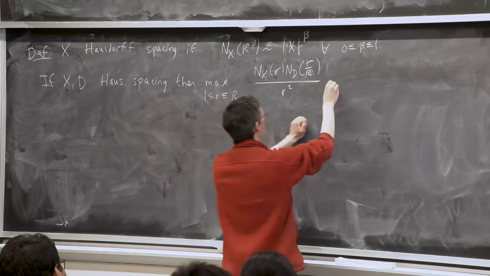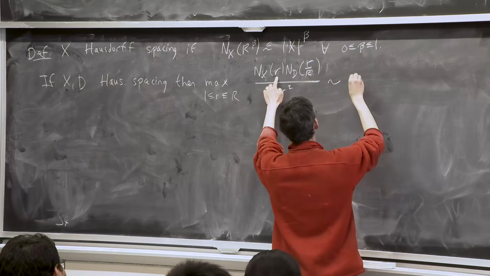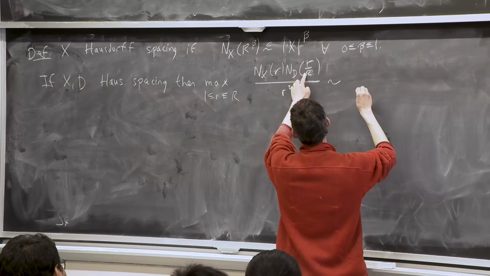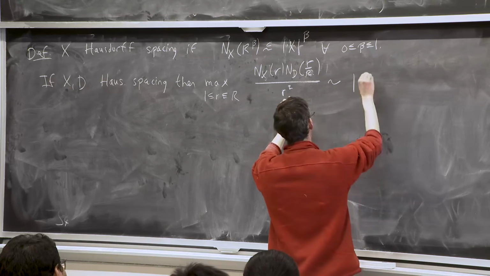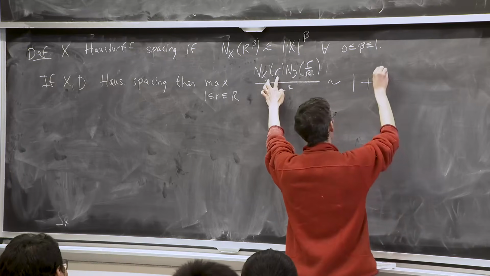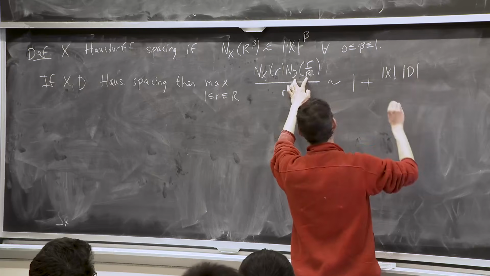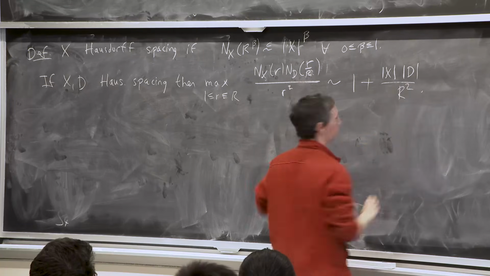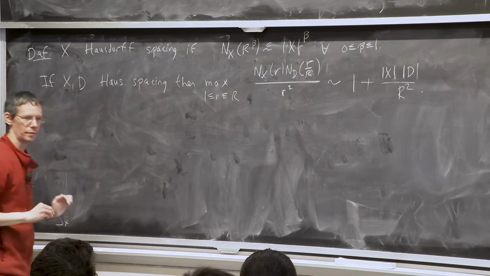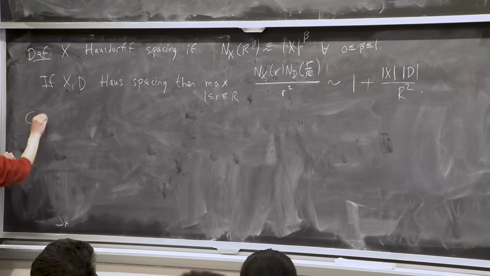So this guy basically is equal to what happens at 1. Nx of 1 is always 1. Nd of 1 over r is always 1. So you just get 1. And when little r is big R, nx of big R is all the points. Nd of 1 is all the directions. And we have that. So it's less nasty. And so we get the following corollary.